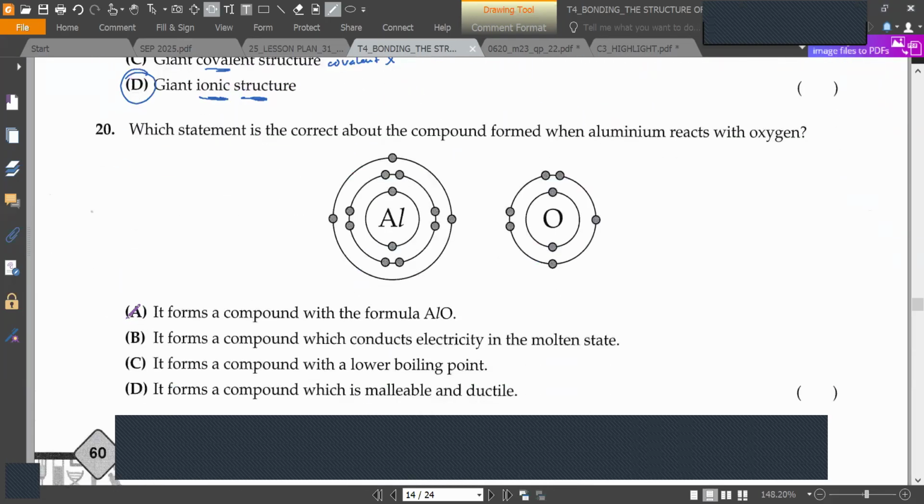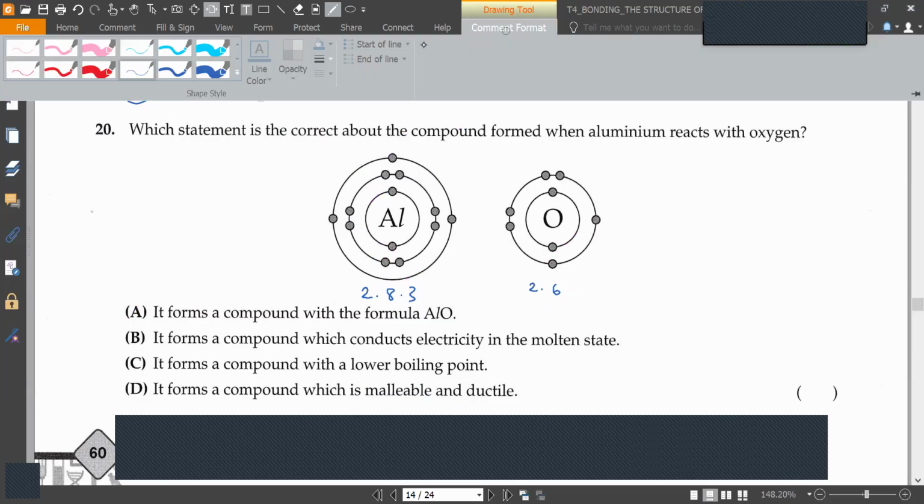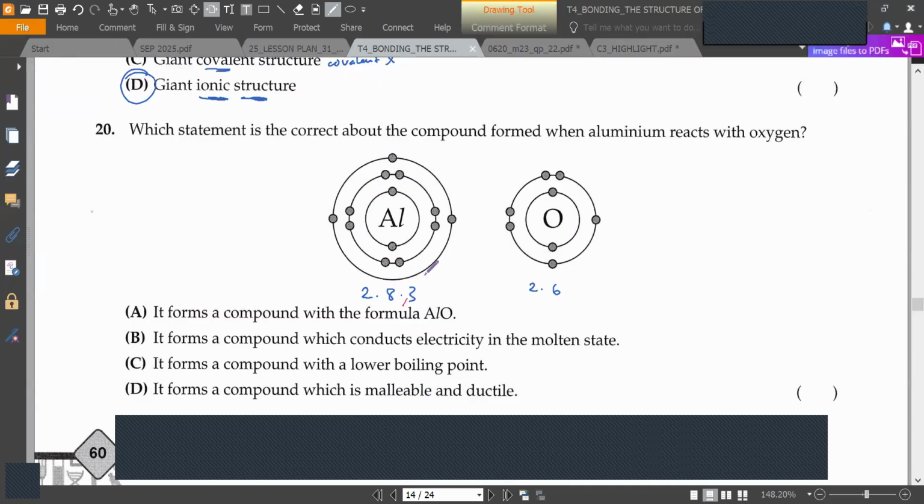Next. Which statement is correct about the compound formed when aluminium reacts with oxygen? Aluminium is 2, 8, 3 and oxygen is 2, 6. Aluminium will lose 3 electrons to form aluminium 3 plus.